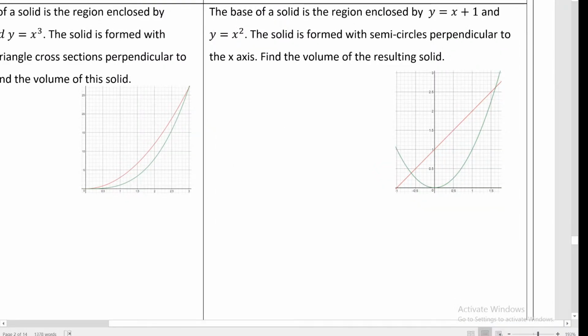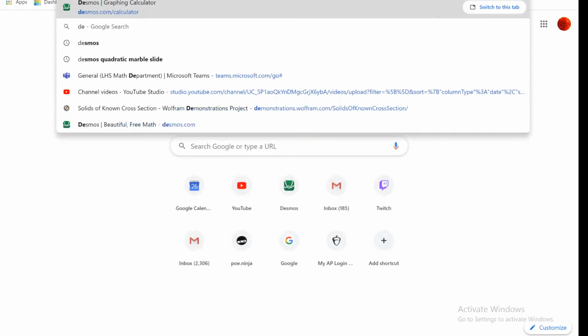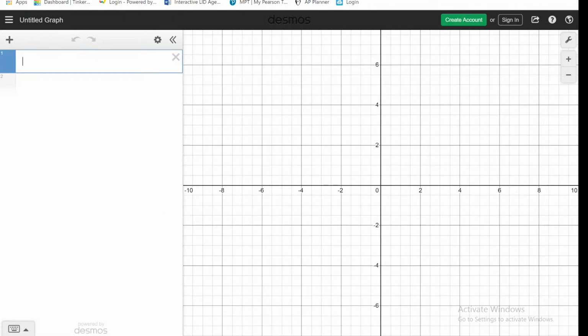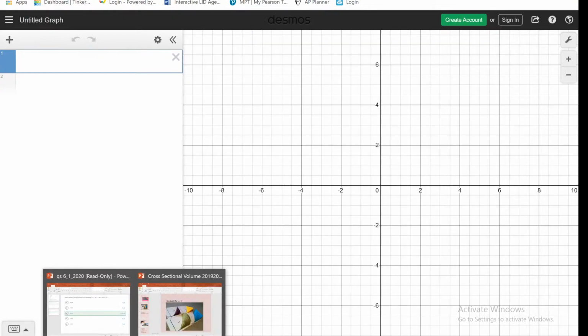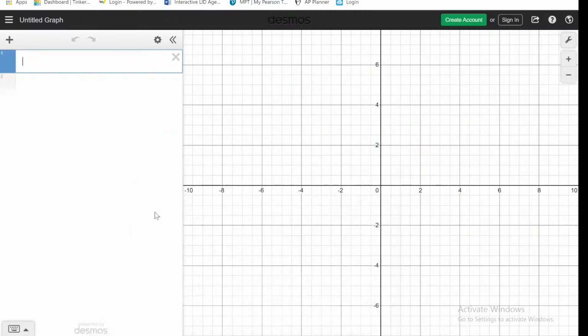I'm going to type that into Desmos to solve this question and finish it up here. So, pulling my question up, it is x plus 1 and x squared.